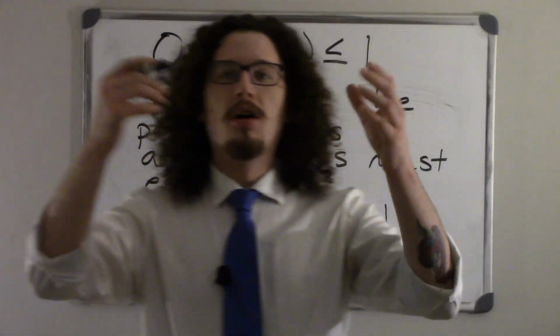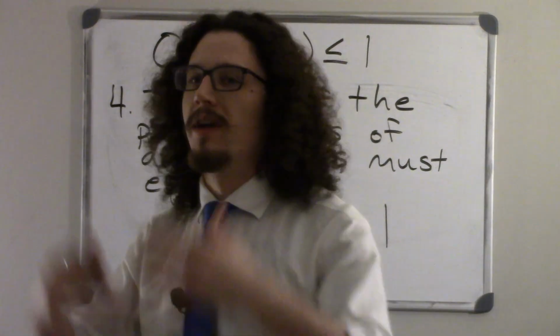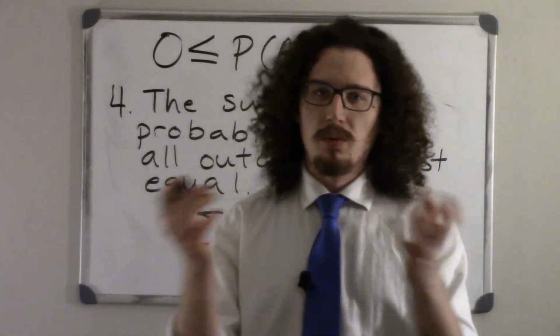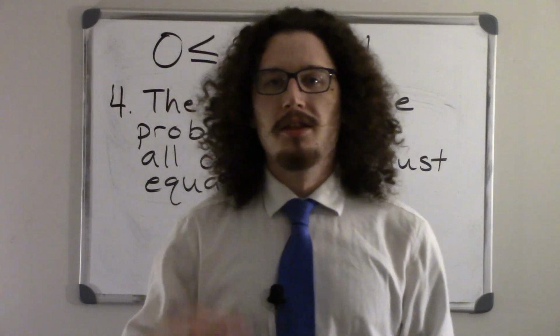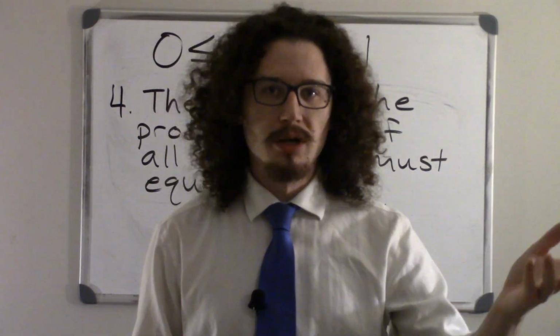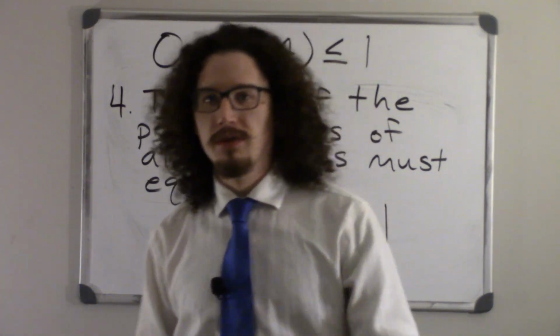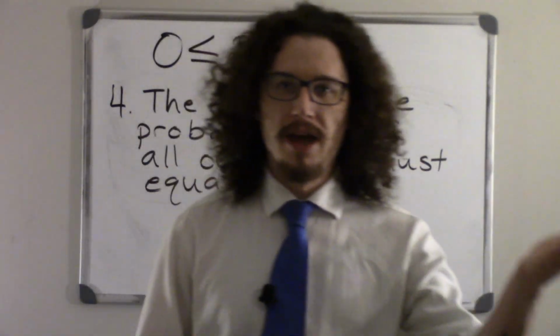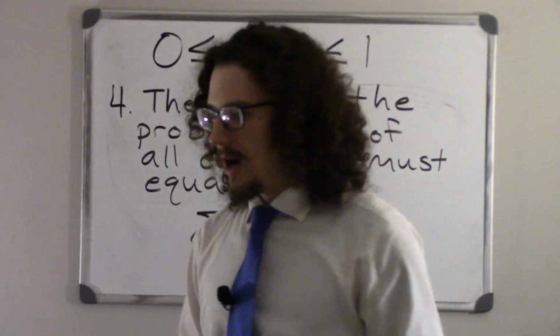This doesn't mean the sum of the probabilities of literally all outcomes of everything you could think of, but specifically for a certain experiment. The probabilities of all the outcomes for a particular experiment must add up to 1. So if we're doing a coin flip, the probability of heads and tails needs to add up to 1. And it does.